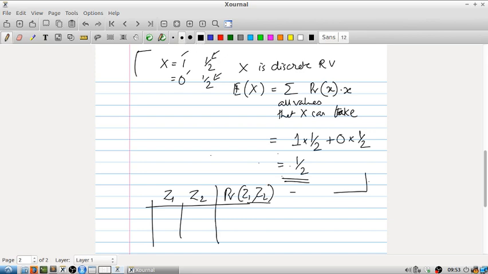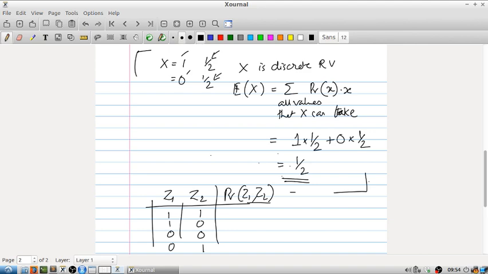Let's say we have two coin tosses, where Z1 is related to the first coin toss, and Z2 is related to the second coin toss. Then Z1 can take a value 1 or 0, and Z2 can also take a value 1 or 0. When Z1 takes a value 1, Z2 can also take a value 0, right? And when Z1 takes a value 0, this can take a value 1, right? Let's say they are unbiased coins, nice coins.